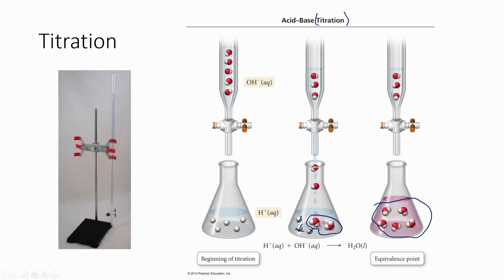Therefore I can add substances to that solution that change color or do something else for me when it's a neutral solution with no hydrogen ions left, and I can find out visually when I've exactly used up all of whatever's in that flask.